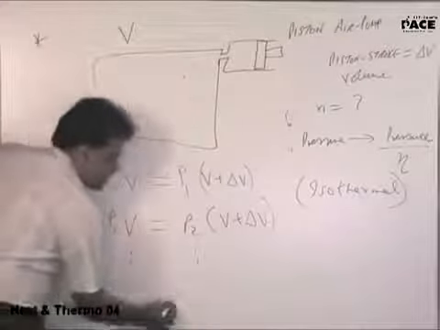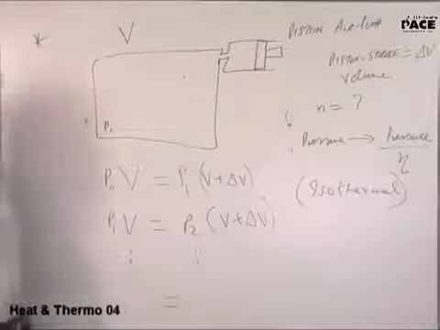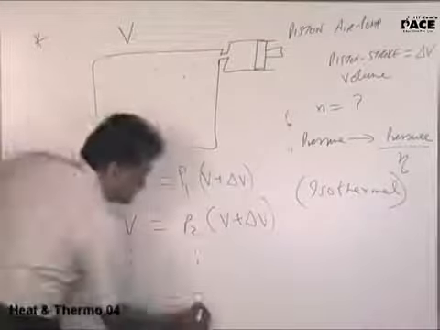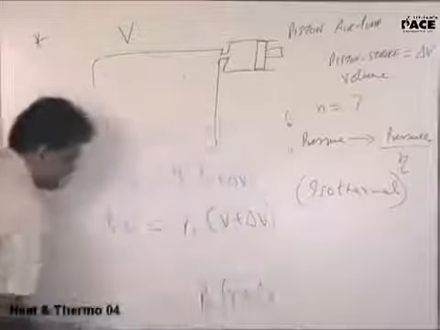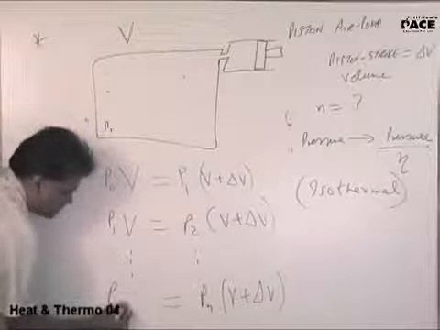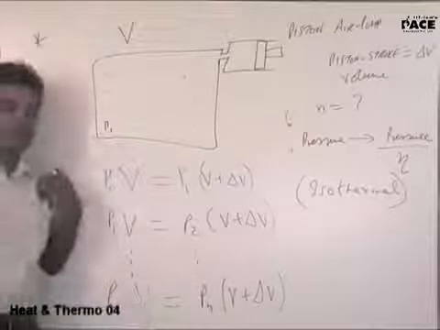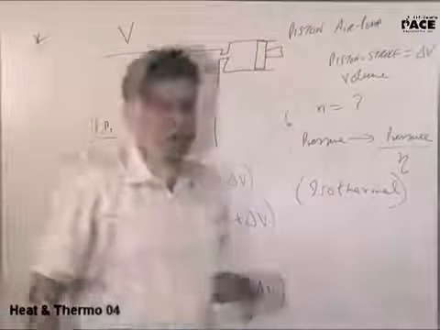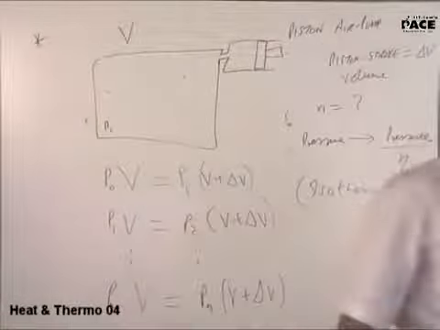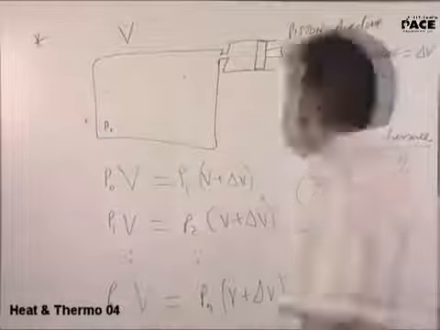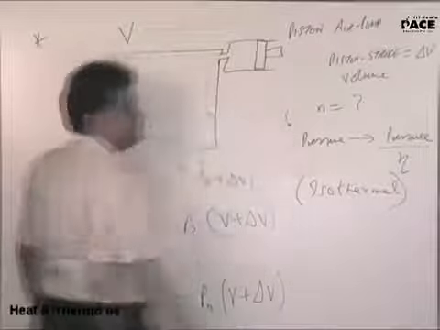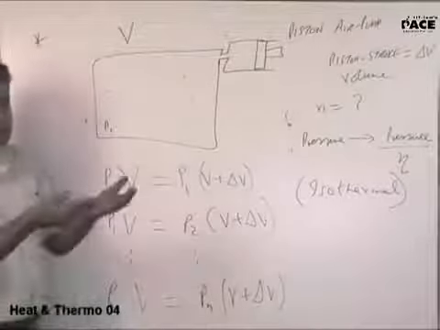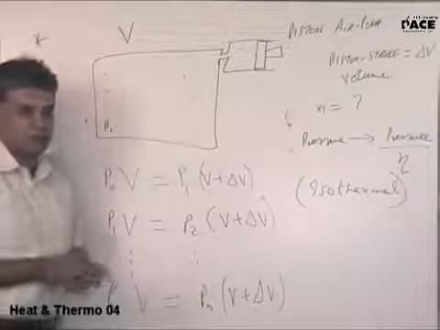After the nth stroke, the pressure will be Pn into V plus delta V, whereas prior to that it will be Pn minus 1 times V. Each time we are applying Boyle's law for a given mass of gas. The mass of the gas remains constant as long as gas goes from here to there. Afterwards it's a new question when you repeat the cycle.